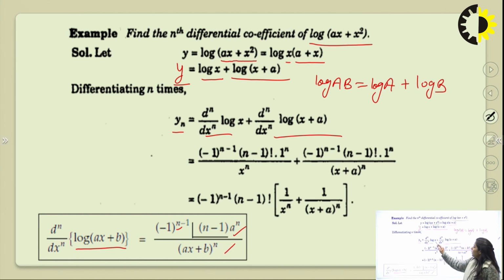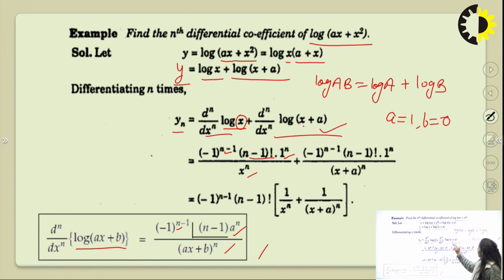Now to find the nth derivative of log x, we will compare x with ax plus b. So we have to put a equal to 1, b equal to 0 in this formula. So we will get (minus 1) power n minus 1, factorial n minus 1, upon x power n.